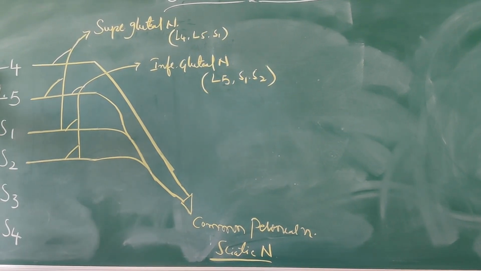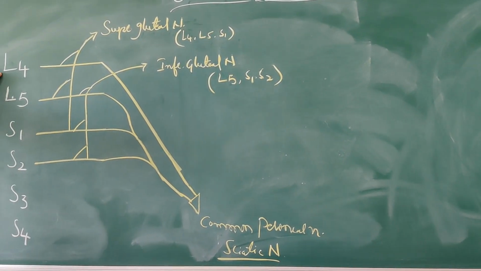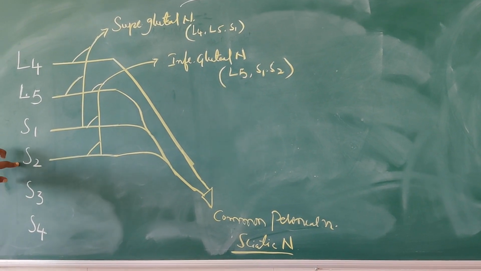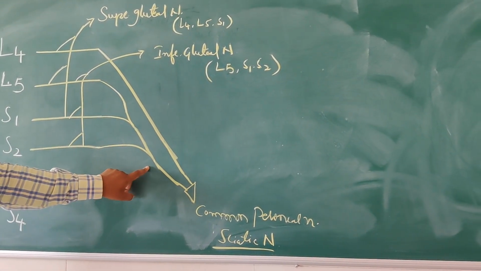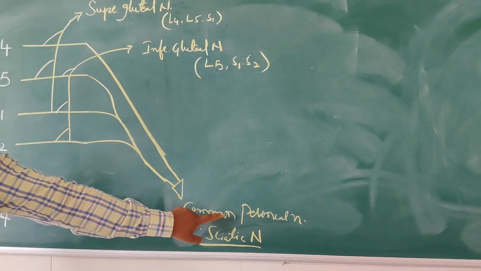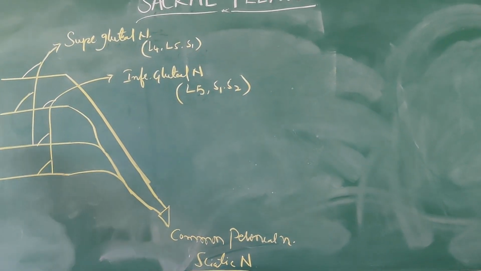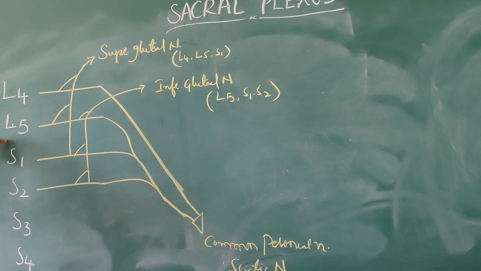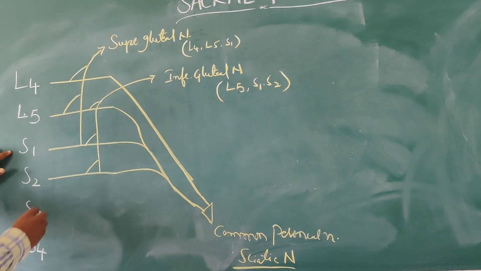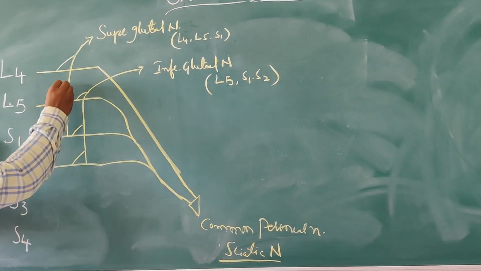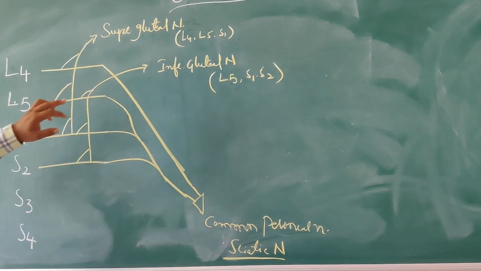So let me repeat. Posterior divisions of L4, L5, S1, S2 unite and form the common peroneal nerve, which is a component of the sciatic nerve. Then L4, L5, S1 give rise to the superior gluteal nerve.